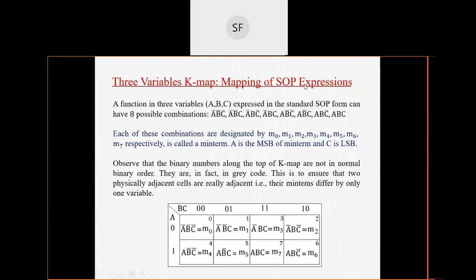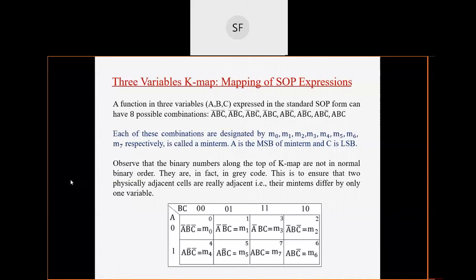Now we are discussing SOP, so for SOP the value of a complement will be 0. Always remember, for POS it will be 1. But now we are discussing SOP, so for SOP expressions the complement value will be 0.